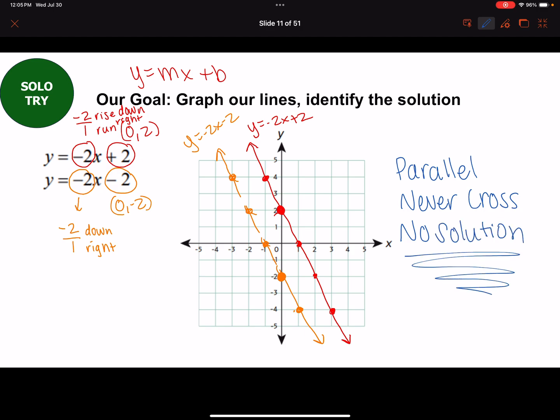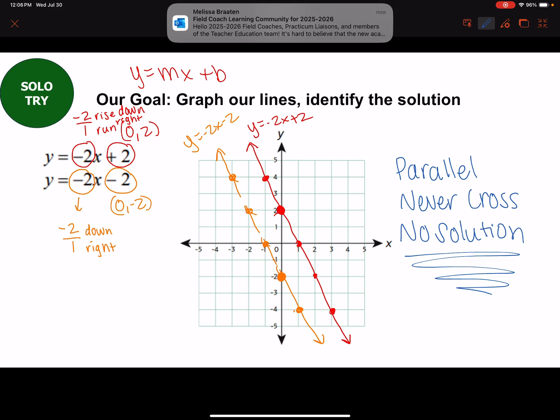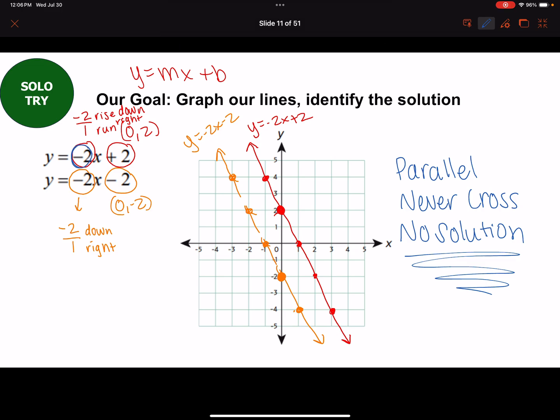This is super, super important because there are going to be times when you will be asked to graph and then talk about what type of solution it is, whether it's one, none, or infinitely many. If you have parallel lines, there will be no solution. They're never going to cross because they're parallel. They always have the same slope, but different y-intercepts, which we can see here in this example.